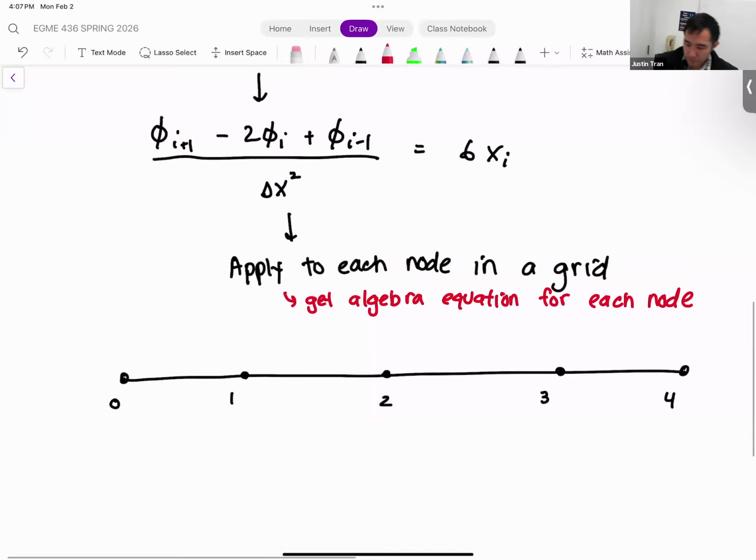So if we apply it to our 5 nodes, we should get 5 equations.